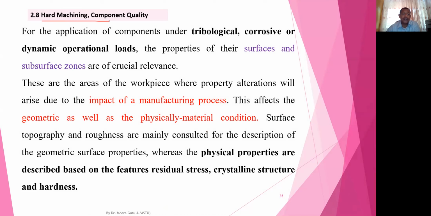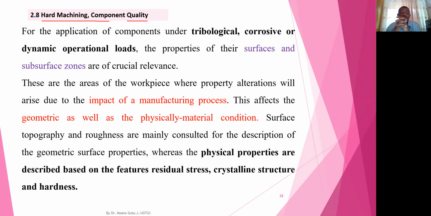Hard milling component quality. So in hard machining component quality, what are the final goals in machining of hard materials, either turning, milling, or drilling? We will see under this chapter.